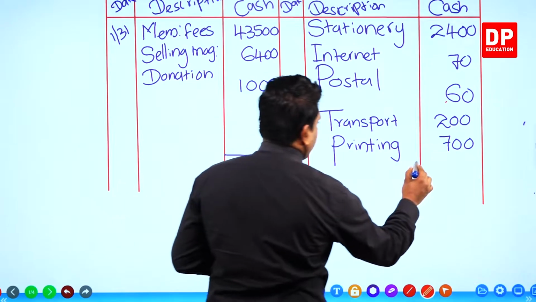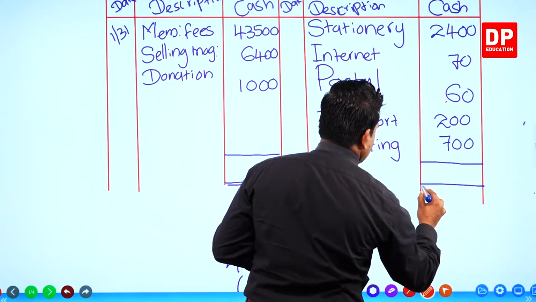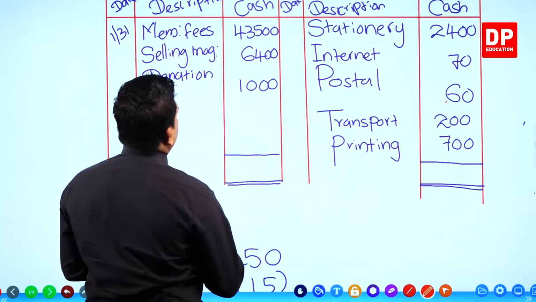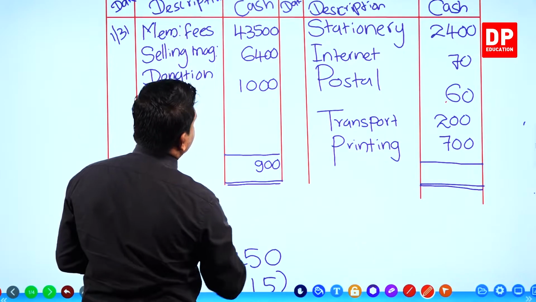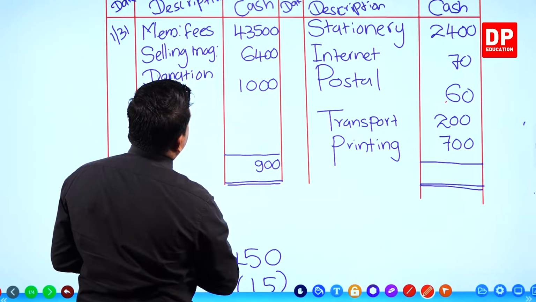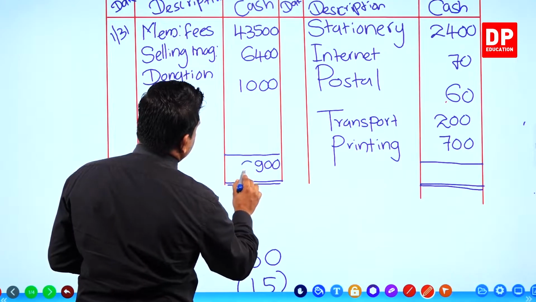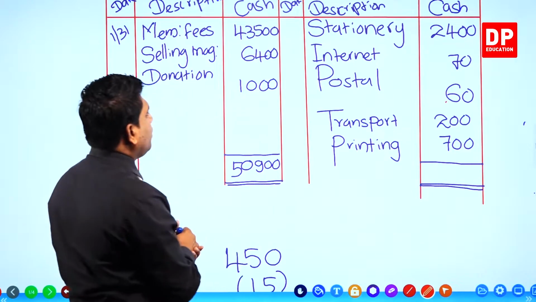And you draw two lines here. This side total, how much? 50,900. Check it again.